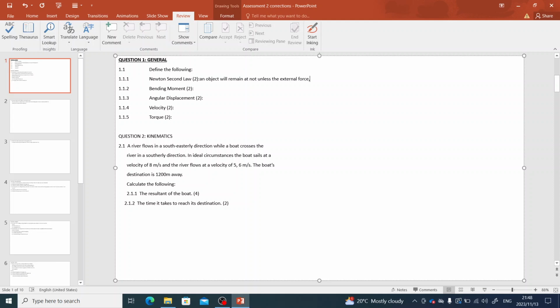That would be Newton's first law. Then in stating Newton's second law, you then have to say: and an object will take the direction of the applied force.